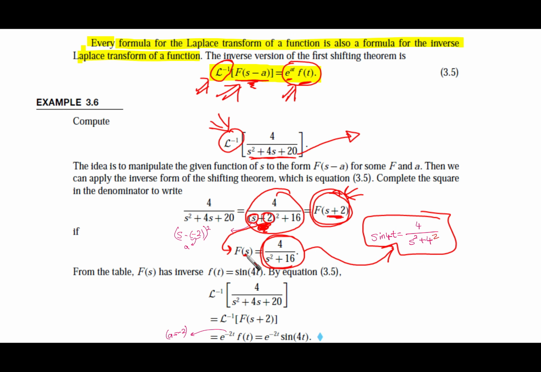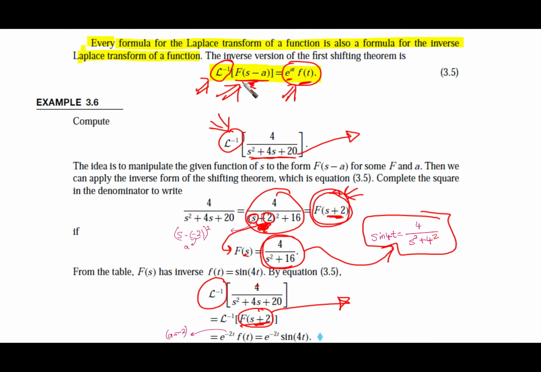Laplace transform. Now, we are going to solve this equation by using the inverse Laplace transform from the table. Now, the inverse Laplace transform of the original function that we have here is going to be L minus 1 of what? F of s plus 2. This F of s plus 2 is very easy for us.